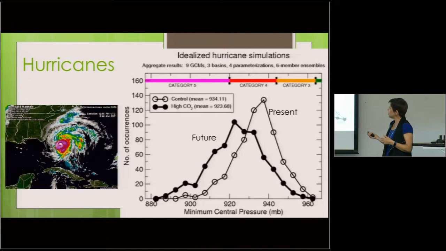This one suggests that as sea surface temperatures rise, which they are, the number of hurricanes might not increase, but the intensity of those hurricanes will increase. So we'll see more hurricanes moving into category 5 and fewer in the lower categories.